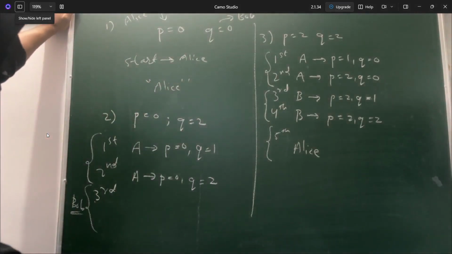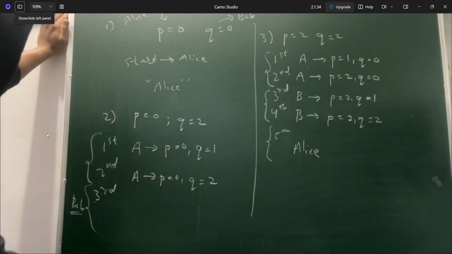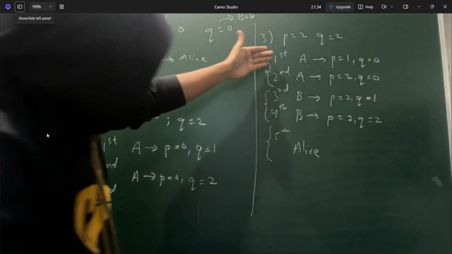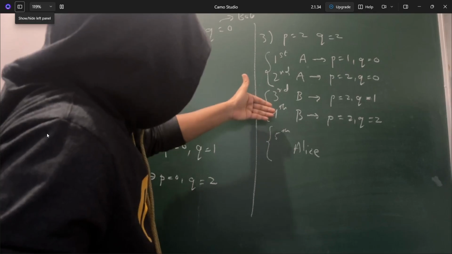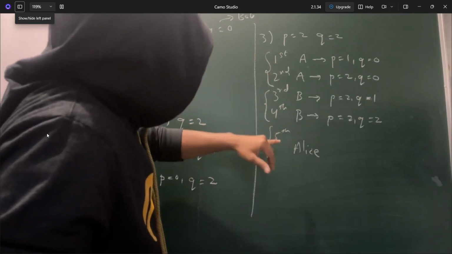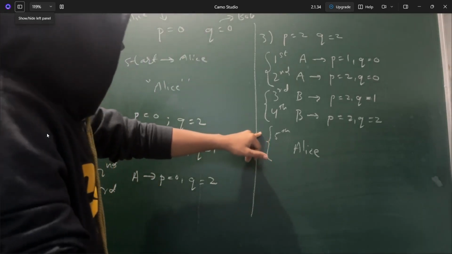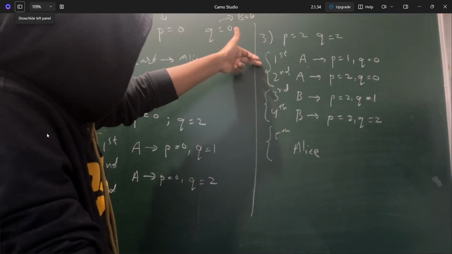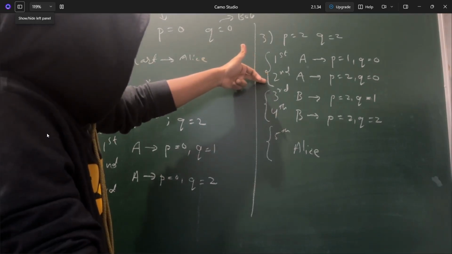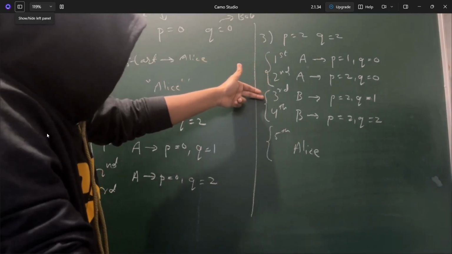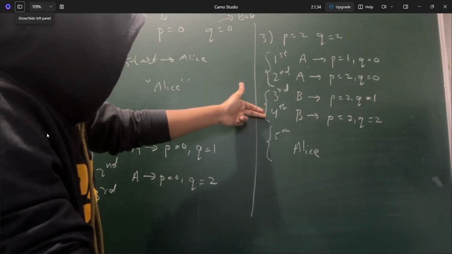So if we try to do it linearly, we understand this is the flow, but how do we solve it mathematically? One thing you'll have to do is see, for every four services, it is Alice who will be doing the service. What I mean by that is this is the first service which is done by Alice, this is the second service which is done by Alice, and the third service will be done by Bob, the fourth will be done by Bob.